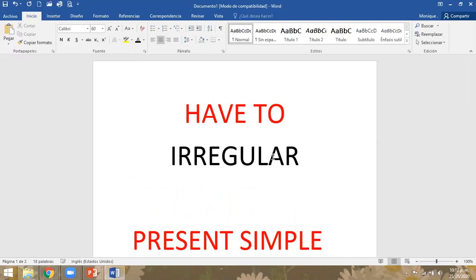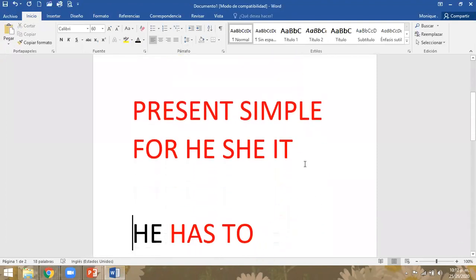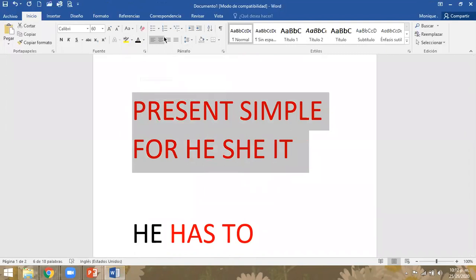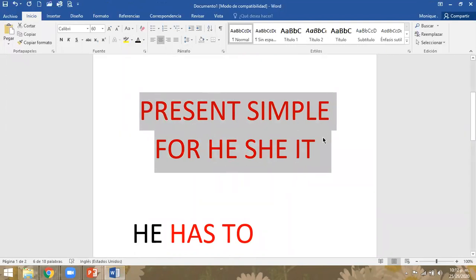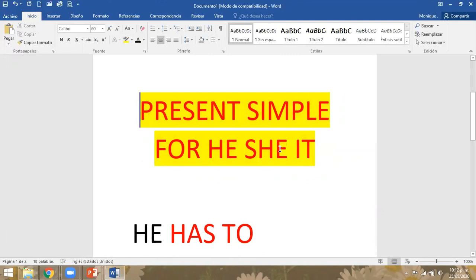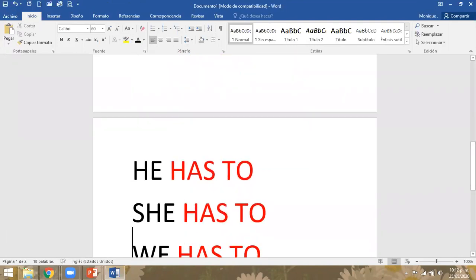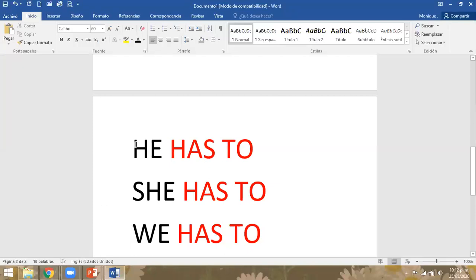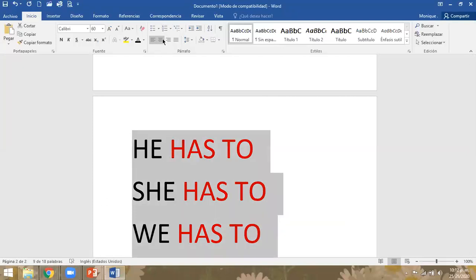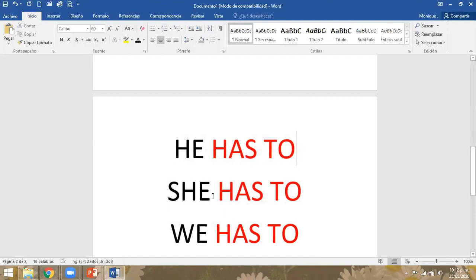Okay? So it means that it's going to change a lot when we have it in the present simple for he, she, and it. Remember, how easy it is irregular, you have to take into account this part. We are going to conjugate it in this way. He has to, she has to, and it has to.